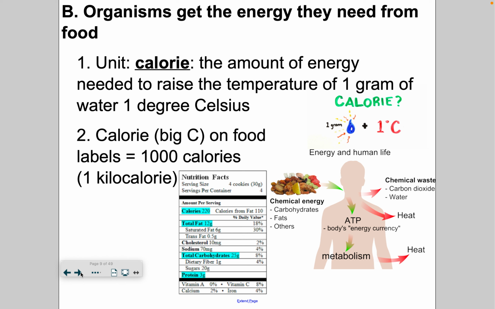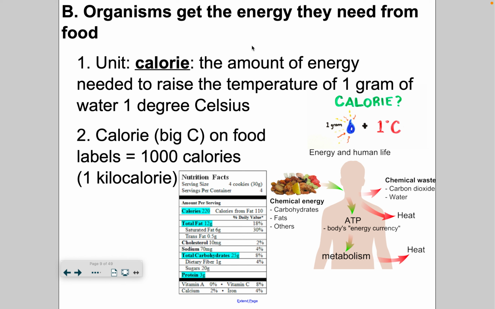Now you may notice on the side of the nutrition label of whatever you're eating, you'll see some facts about how many calories it has, total fat, total carbs, the amount of protein in it. But the term I want to discuss is calories. In science, a calorie with a lowercase c is the amount of energy needed to raise the temperature of 1 gram of water 1 degree Celsius.